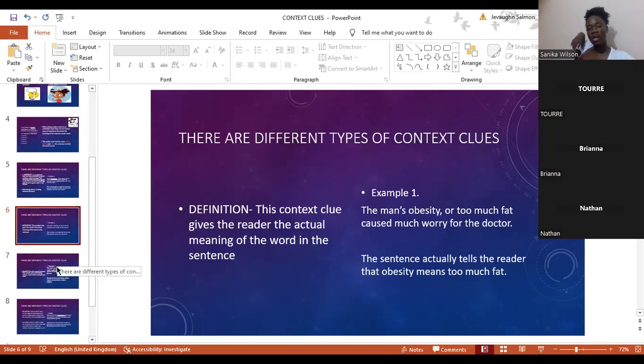Remember, when we use the acronym IDEAS, we will remember the types of context clues. So we're past I, meaning inferencing. We passed D, or we're at D now, moving on to another one, E. Can someone tell me what the E context clue is?